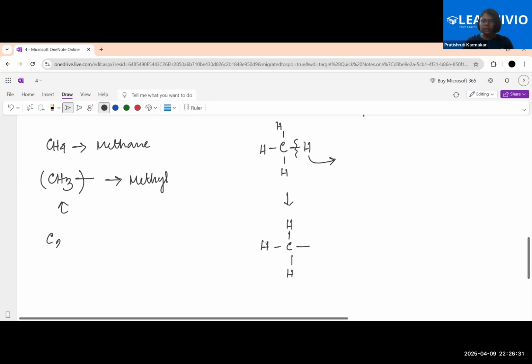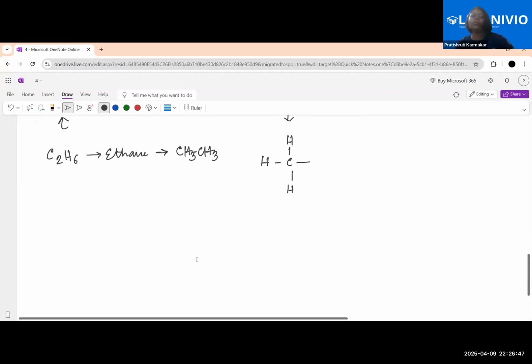Then this is C2H6. This is ethane, or we can write it as CH3 CH3. Now, if we remove one hydrogen from here, that is, if we make it C2H5, or if I write it in an expanded manner, this is CH3 CH2.